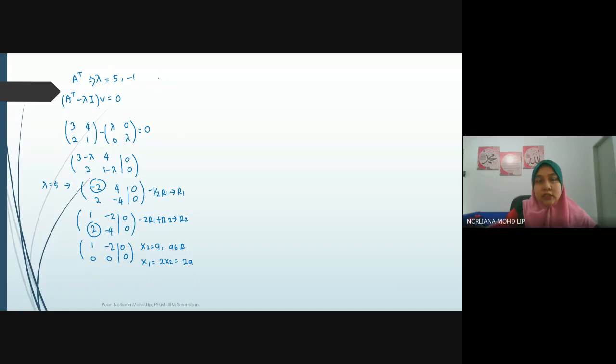So the eigenvector for lambda equal to 5 equal to x1 is 2a and a, a any real number.